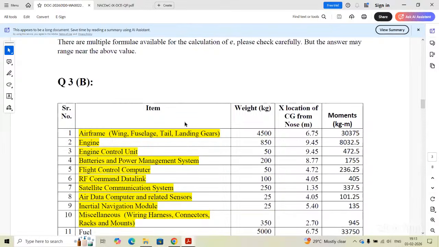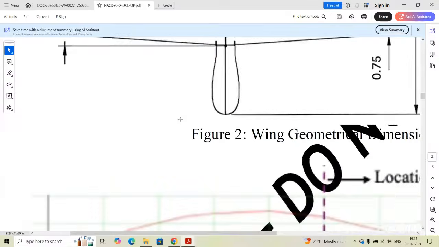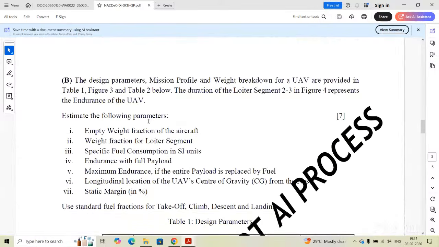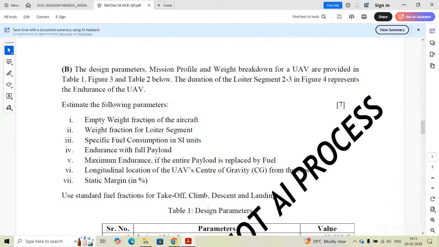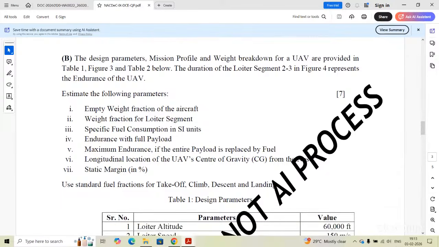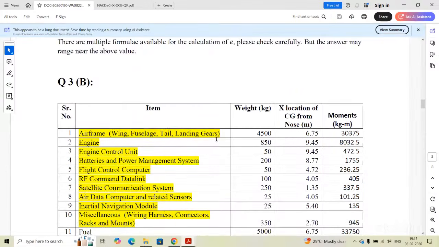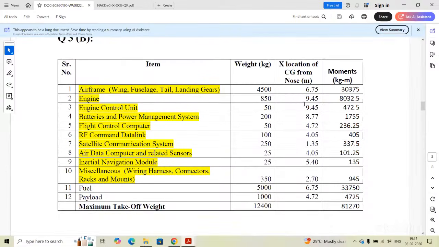Now coming towards the other part of this question, which is the B part, in which various values have been given, a table has been given, and you have to calculate these required parameters. You have this table given up to x location of CG from nose.